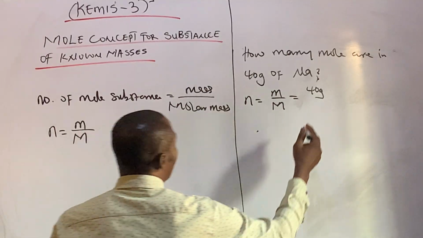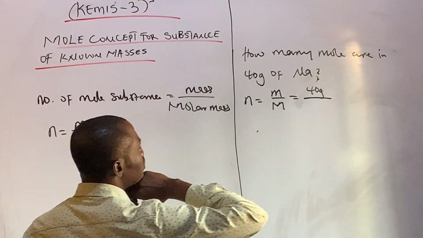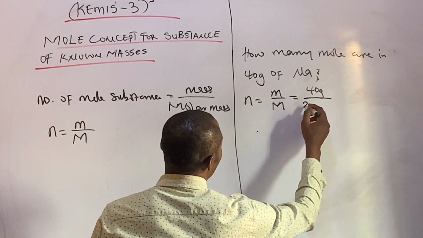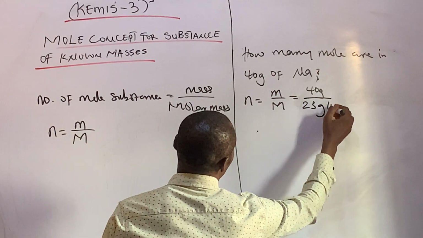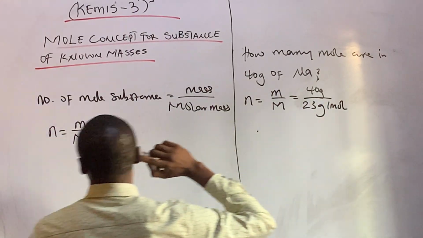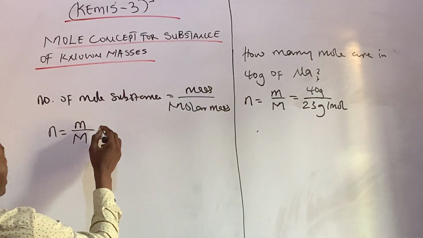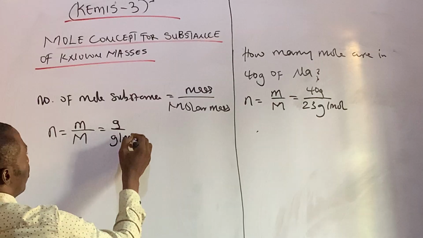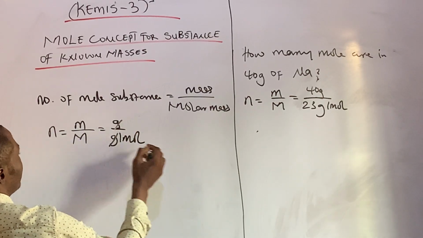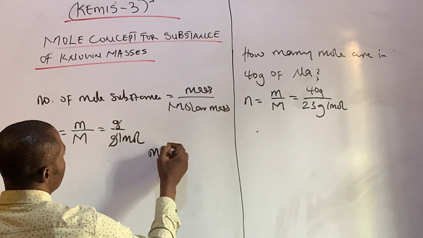We now look at the molar mass of sodium, which is 23 gram per mole. Recall that mass is measured in gram and molar mass is measured in gram per mole, so that when you divide, you're going to have the unit mole.